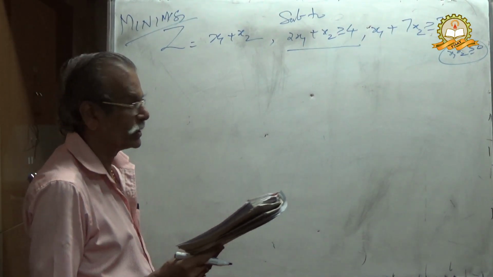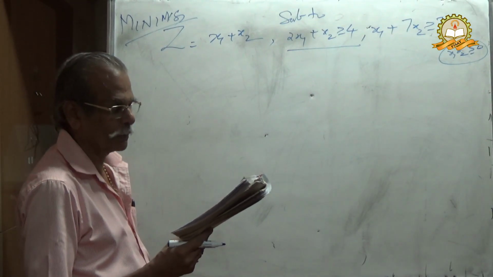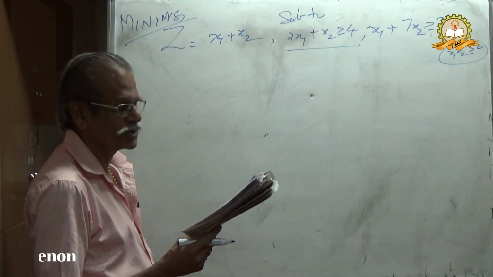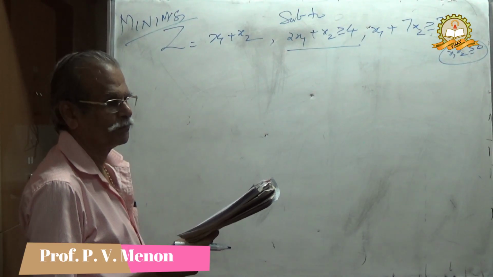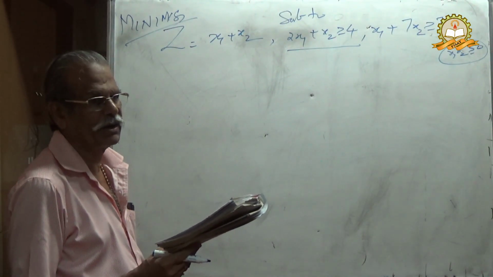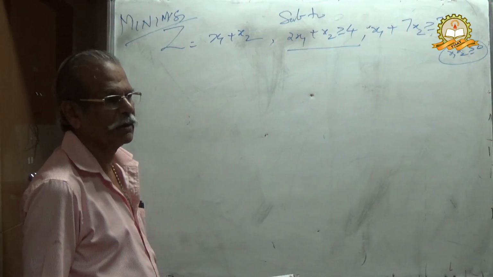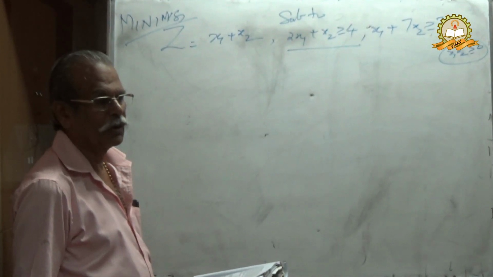Then the solution. First step, here it is a minimization problem. Therefore, you will have to convert it to maximization by multiplying by -1.